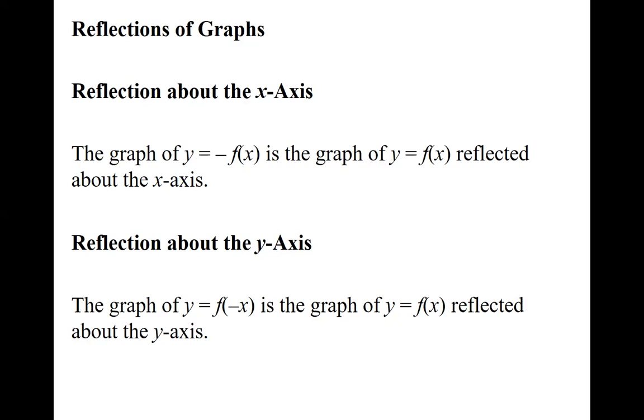So an x-axis reflection, a vertical flip, that's negative f of x. A horizontal flip or a reflection about the y-axis, that's f of negative x.